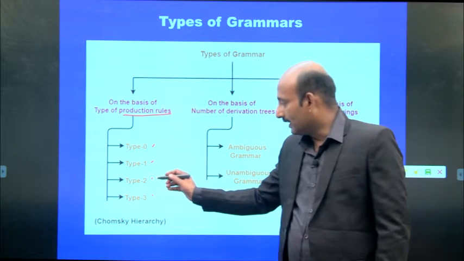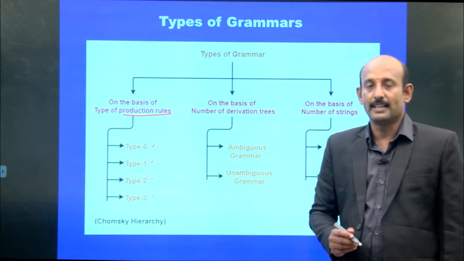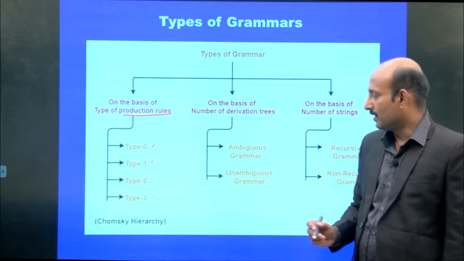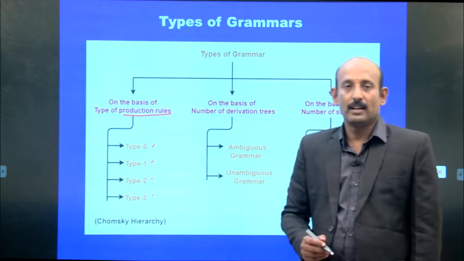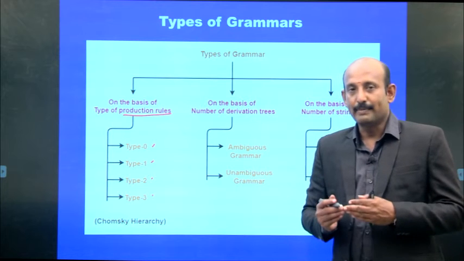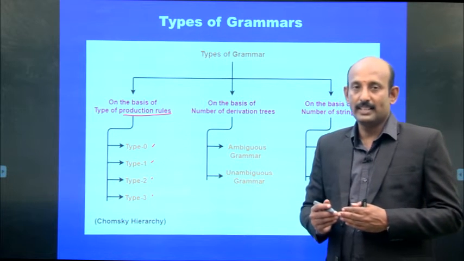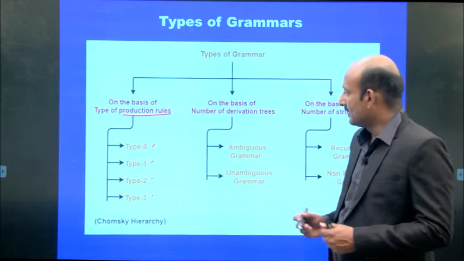Next one is type 2 grammar or context free grammar. And the fourth one is type 3 grammar or regular grammar. So, these are the types of grammar. We are going to see these types elaborately in the slides.